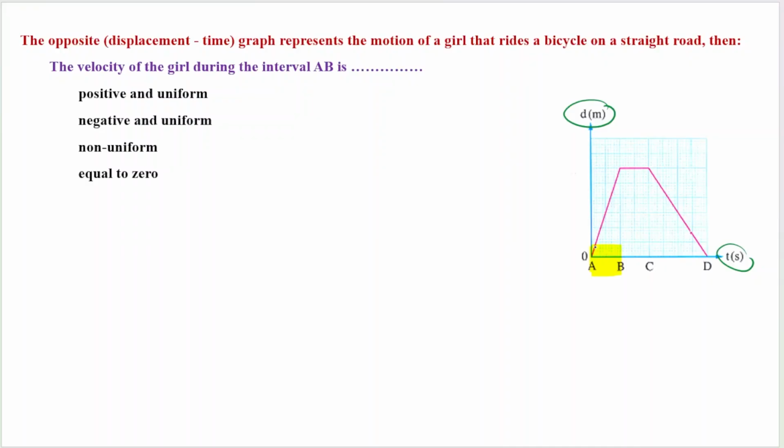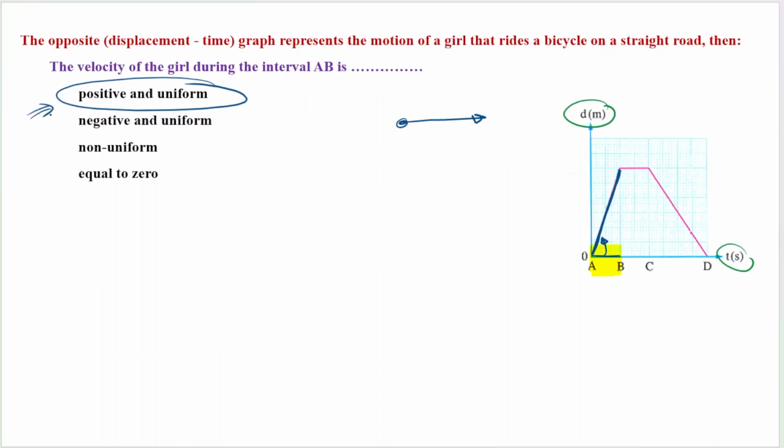Can you see? As time passes, the position or displacement of this girl increases. So this means that the girl is moving with positive velocity. Positive velocity means a velocity in a certain direction, because the slope is positive. So it is positive and uniform.